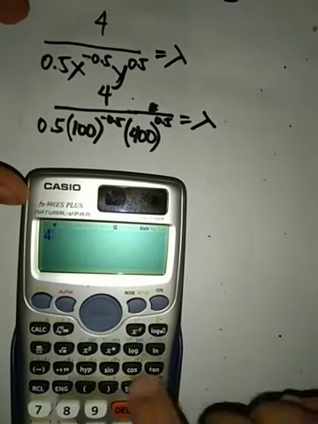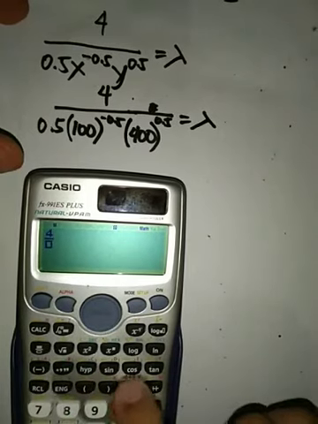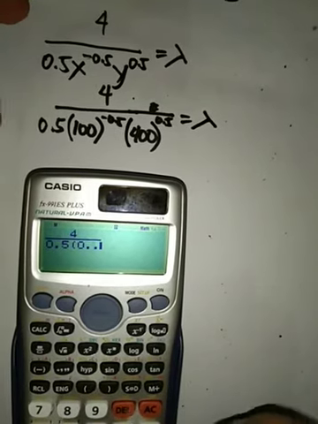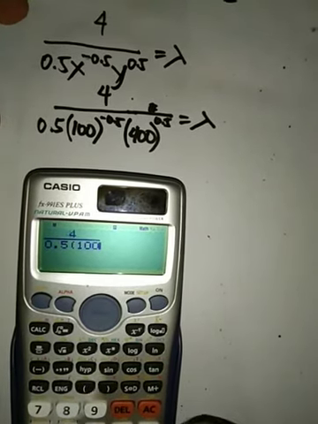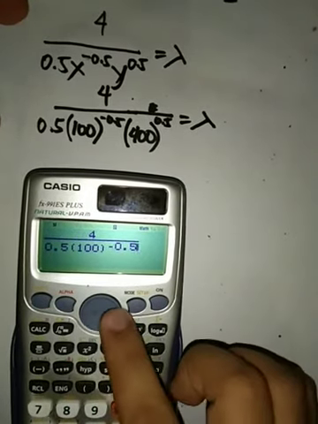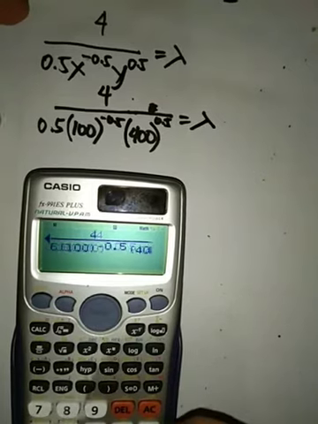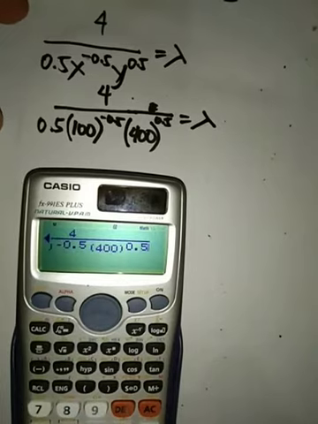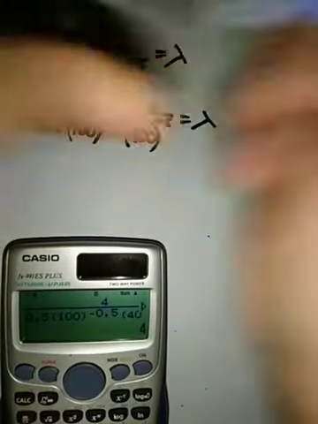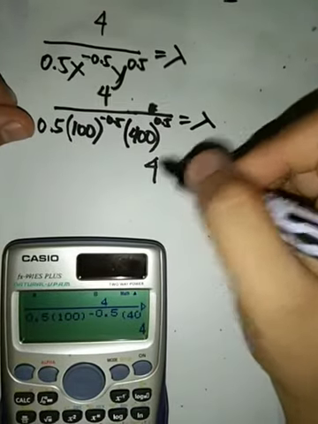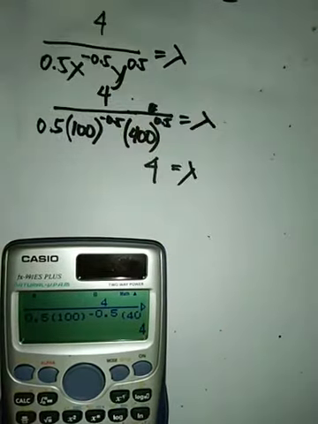Is 4 over 0.5 times 100 raised to negative 0.5 multiplied by 400 raised to 0.5, and this will result to 4. So that is our lambda.